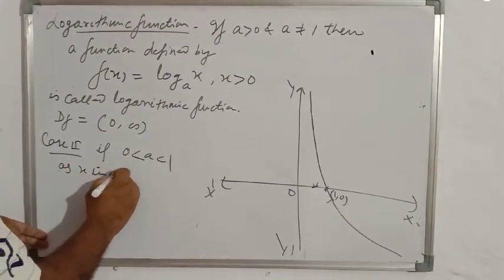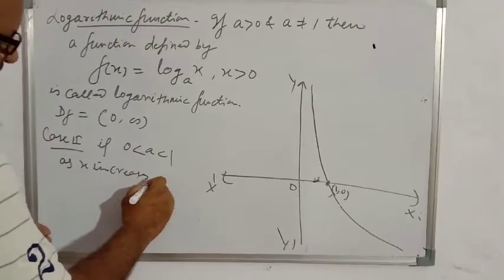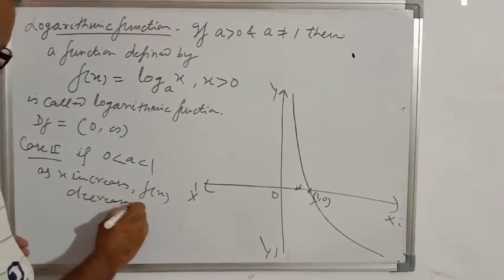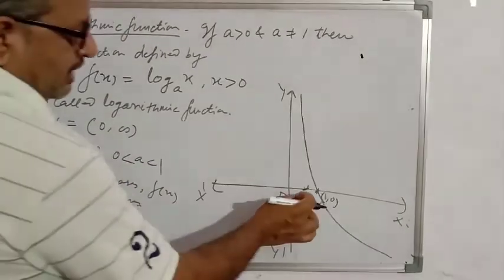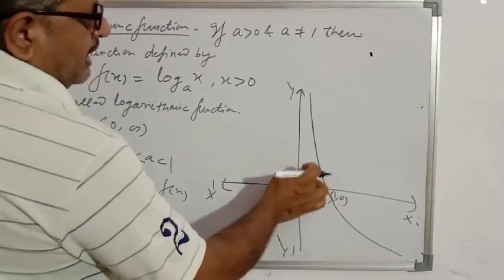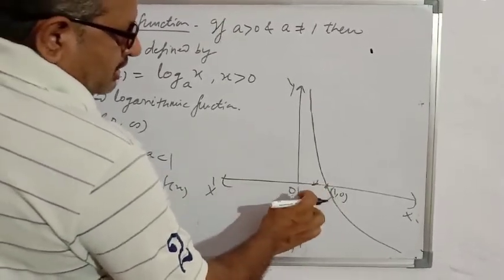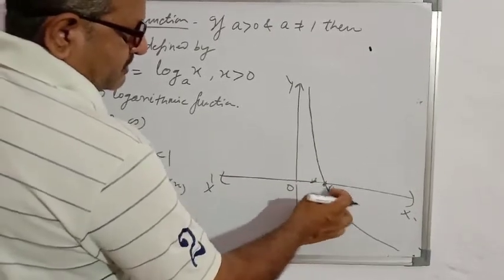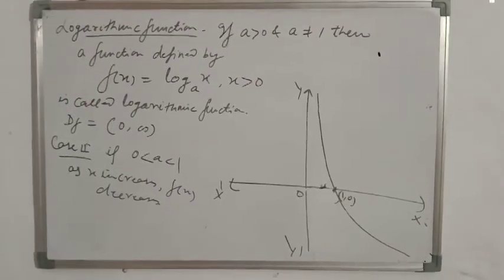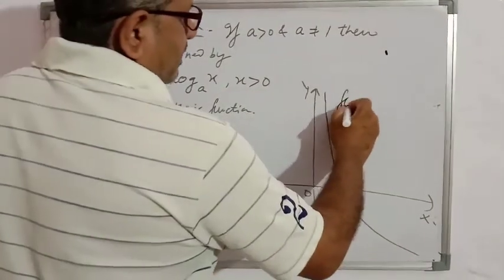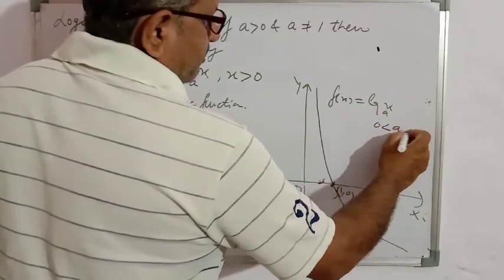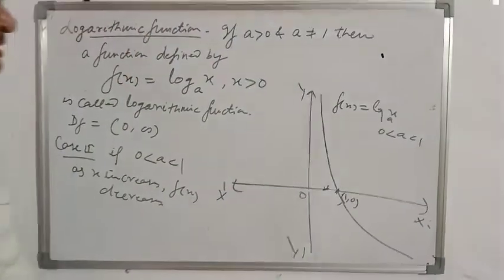When x is between 0 and 1, f(x) is positive, greater than 0. But if x is greater than 1, f(x) is less than 0, negative. So this is the graph of f(x) = log x at the base a, where a lies between 0 and 1.